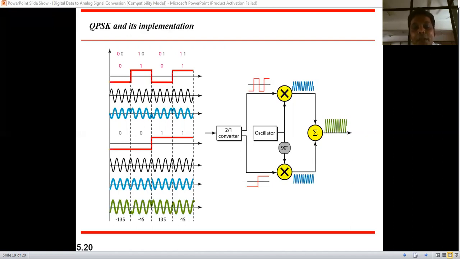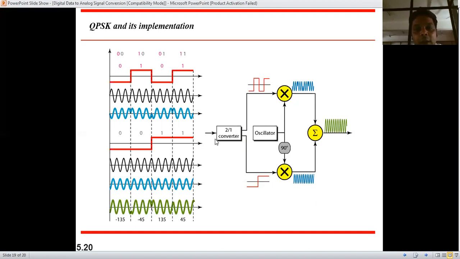Thus, the two resultant phase shift keyed signals are then added to produce one of the four signal elements. So the number of signal levels we are going to have is 4, and we are doing all these things for what purpose? We want to increase the bit rate, or the bit transmission capacity. So to accelerate the bit rate, we are now representing one signal element with 2 bits, as you can see in this figure.